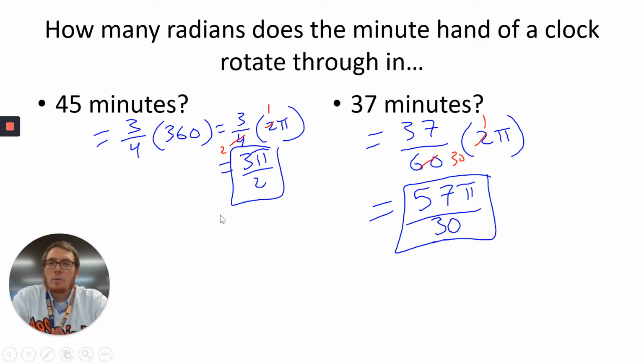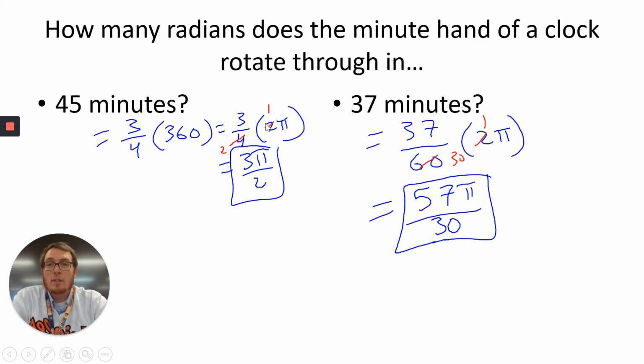The minute hand now rotating in 45 minutes. So it's 3/4 of one time around the circle. And the reason it's 3/4 is it's 45 out of 60. You could start this out as 45 over 60. That actually might be helpful because on the second question, notice it's 37 minutes and it's 37 out of 60 here because it's 37/60ths of the hour.